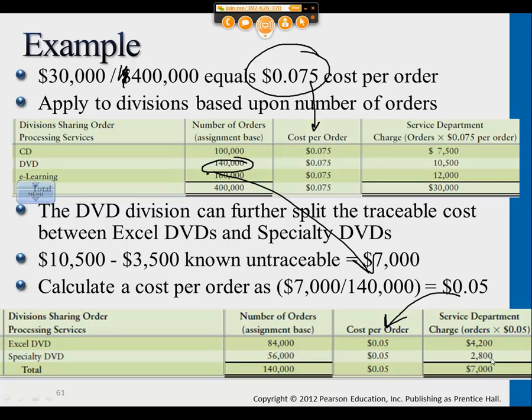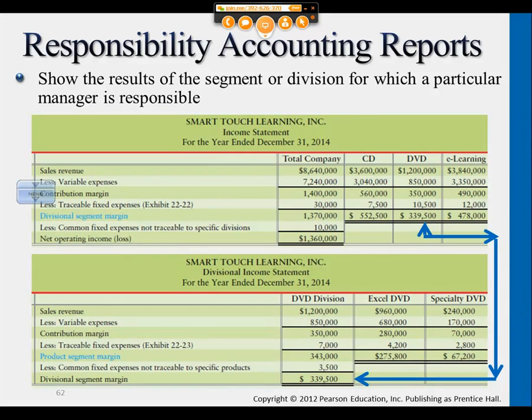So I get this service department charge that's split not only by the division, but also by the type of the product. Okay, so now I see out of that 7,000, my service department charge for the Excel DVDs is 4,200, and the other one is 2,800.